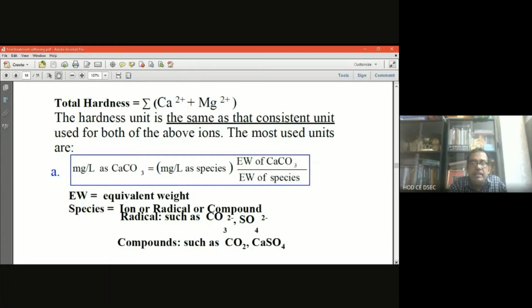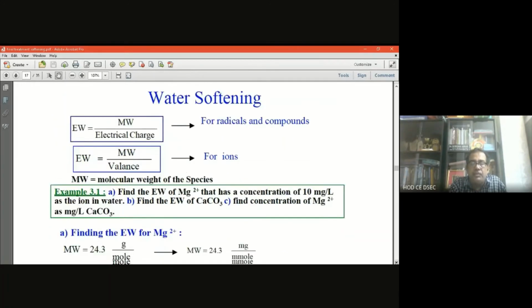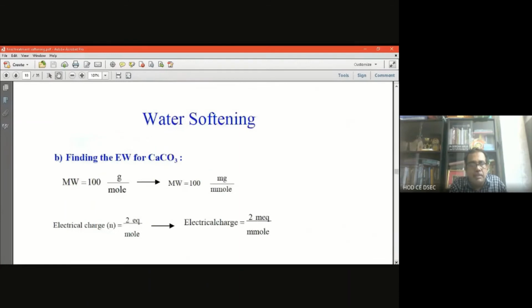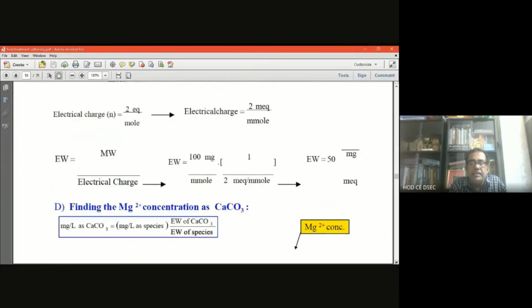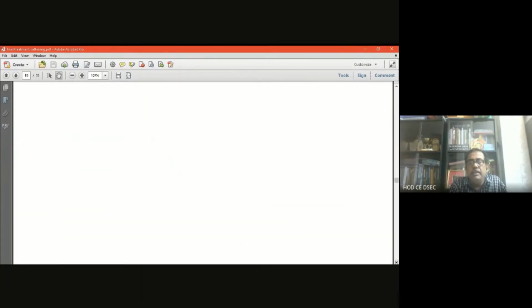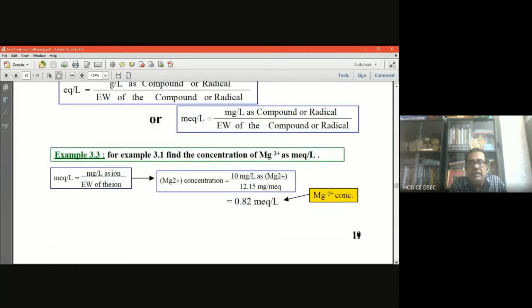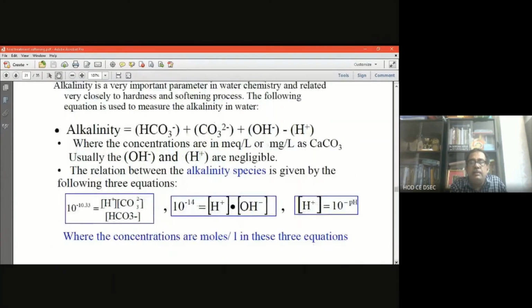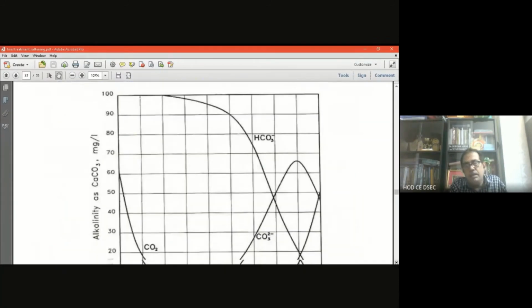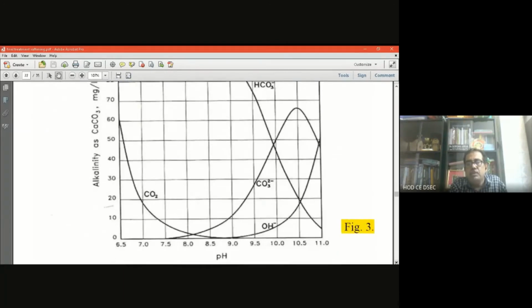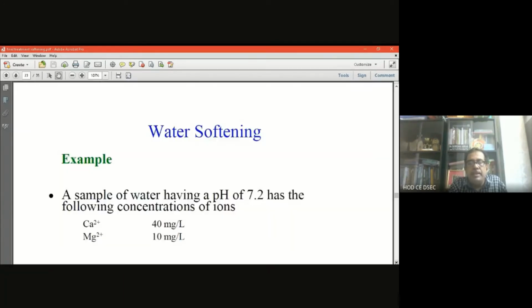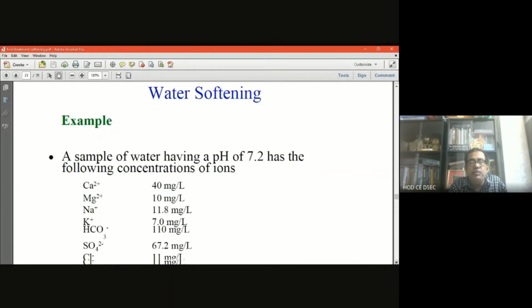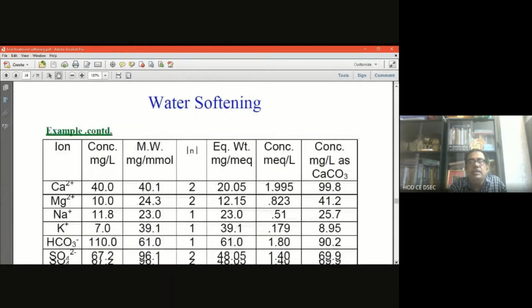So for anything related to the hardness of an ion, to express it in milligram per liter as CaCO3 equivalent, you have to multiply it by 50 divided by the equivalent weight of that ion. So I just want to highlight this, and let me now describe the numericals which were discussed.